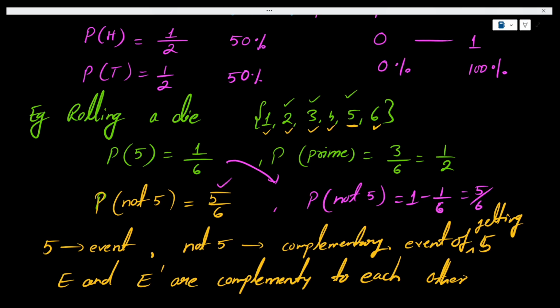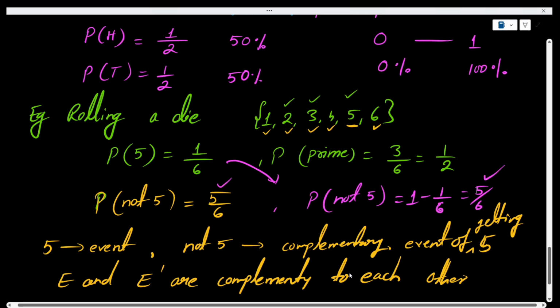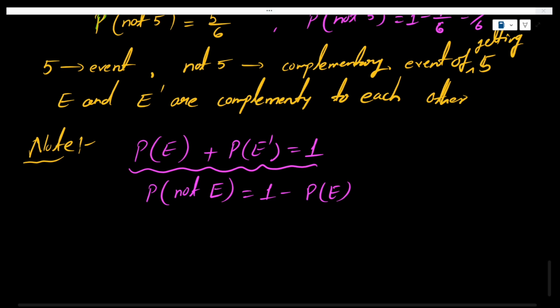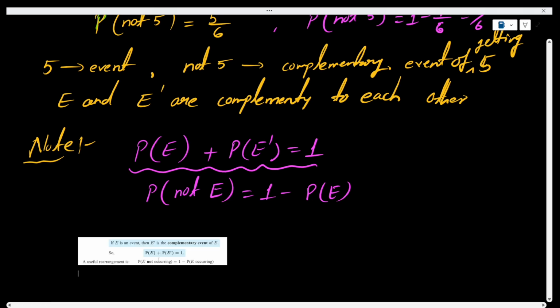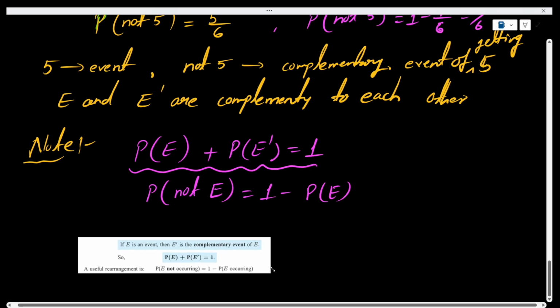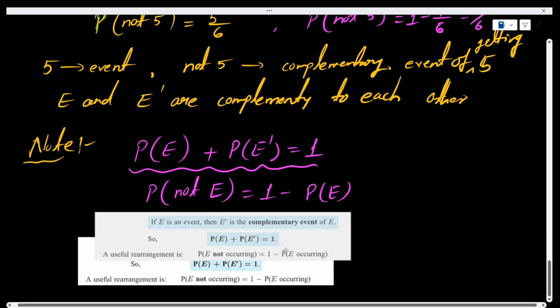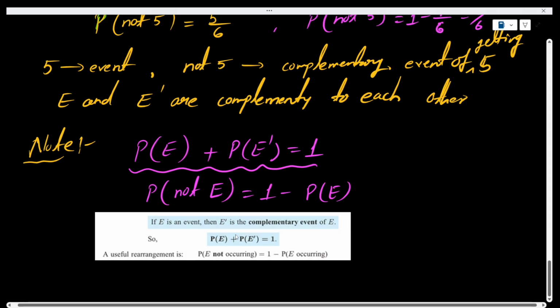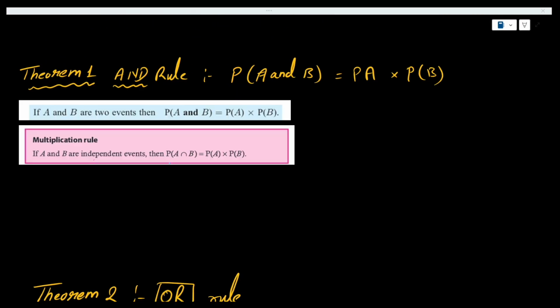So either you take this or this, both are the same. We can use this formula to find the complementary event whenever one event is given. So if E is an event and E dash is the complementary event of E, then the probability of an event and of that event not happening always add up to 1.